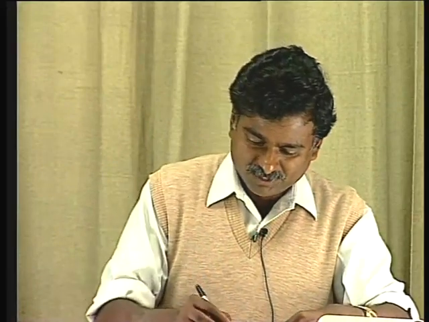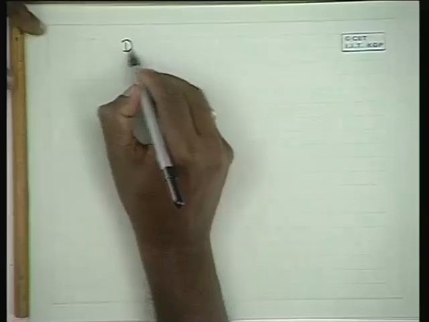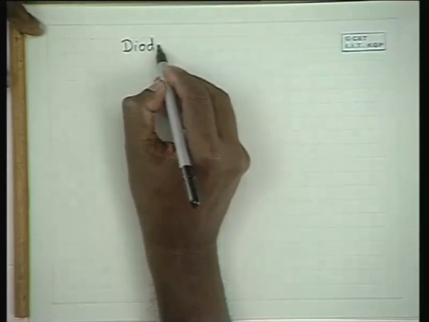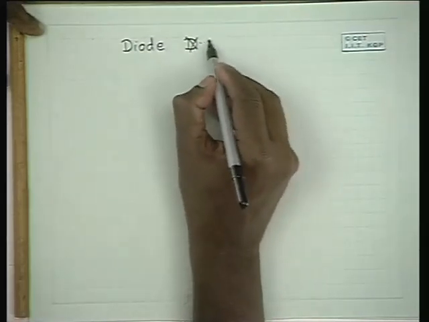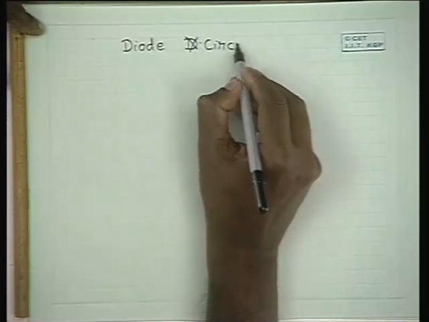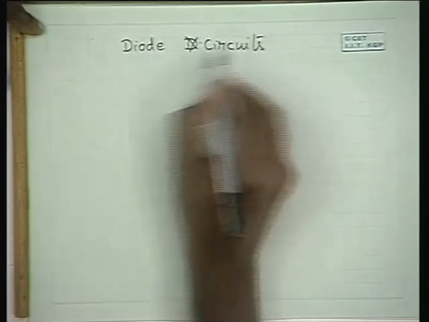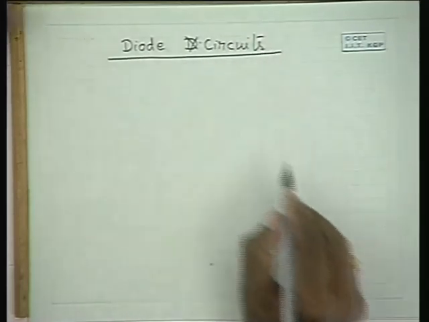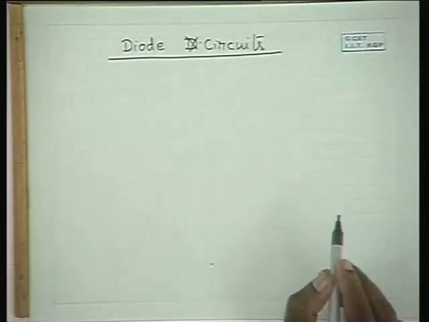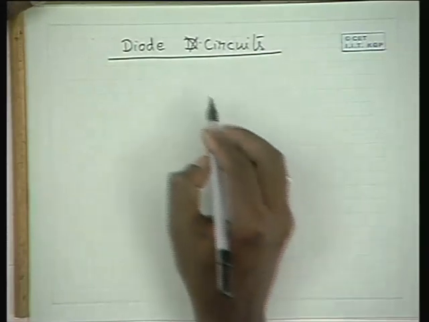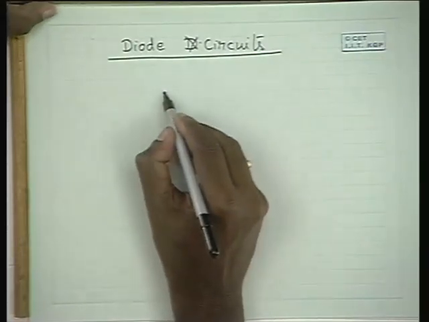With this, now let us take up the diode circuits. So now we are coming to the application of diode. Let us consider a diode in a simple circuit like this, a simple circuit with a single loop.